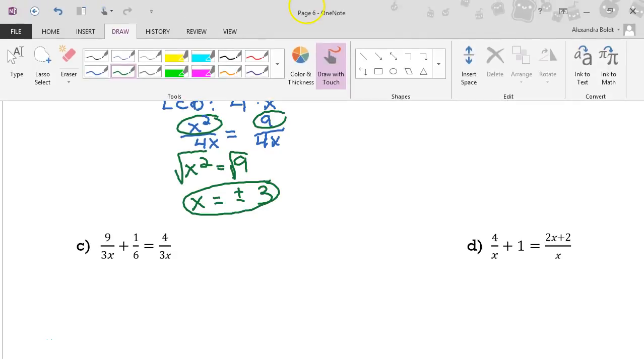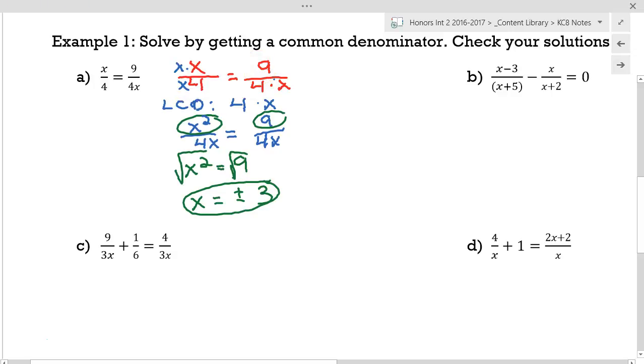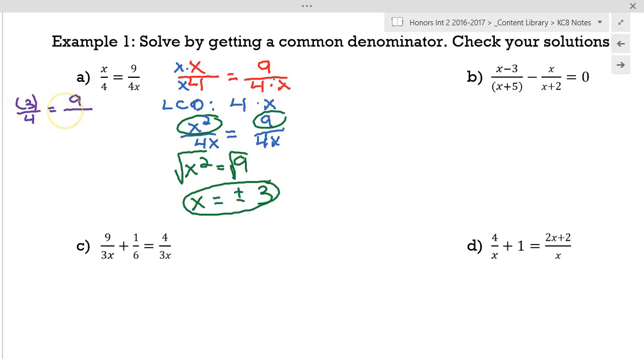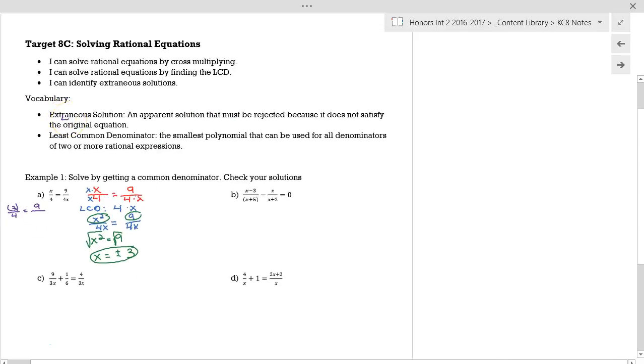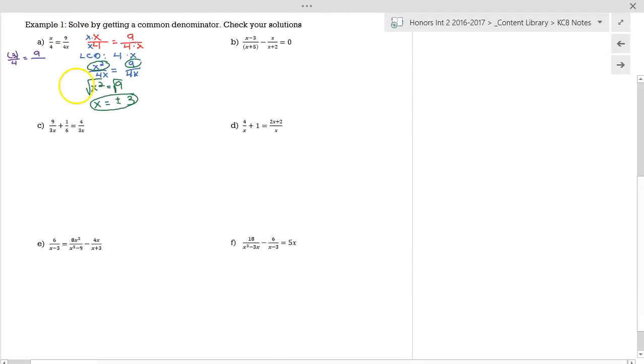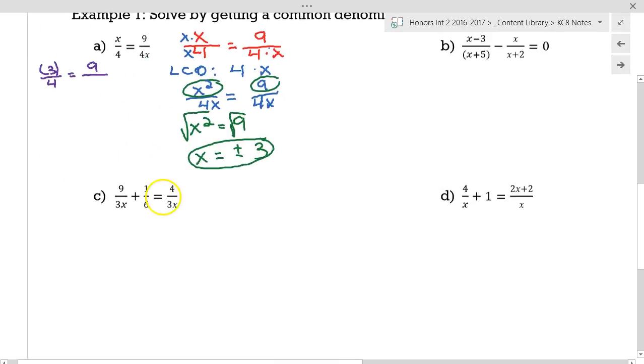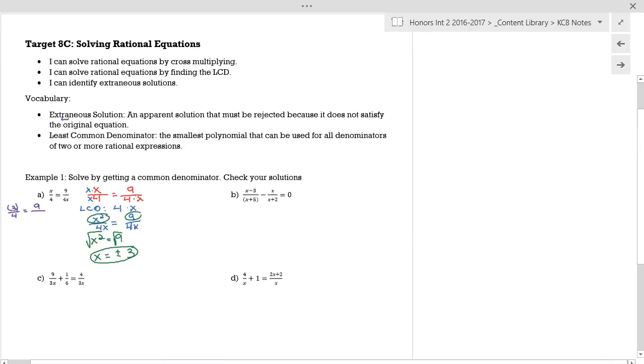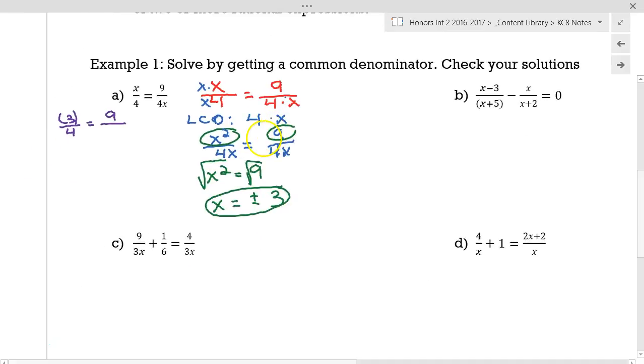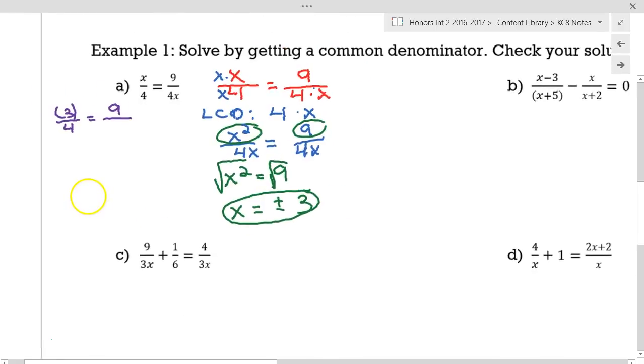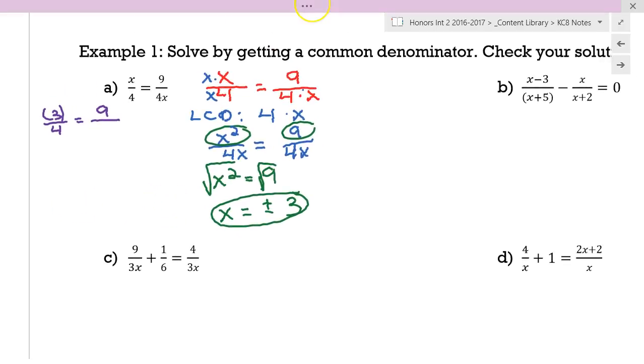Now I need to check my answer. We always have to check. So I'm going to plug anything I got back into my equation. I'm going to start with 3. So I have 3 over 4 instead of x equals 9 over 4 times 3.